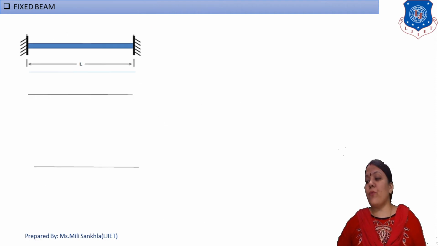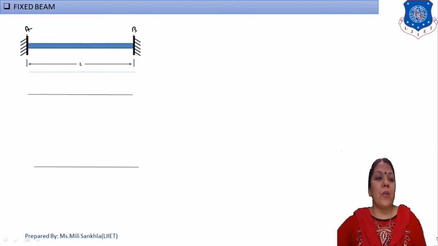Now next, first of all, we draw the SF diagram, then we draw our BM diagram. Okay, mention the data. This is our A point, this one is B point. UDL is given for 3 meters, and value of this UDL is 10 kilonewton per meter. This distance L is equal to 7 meter.